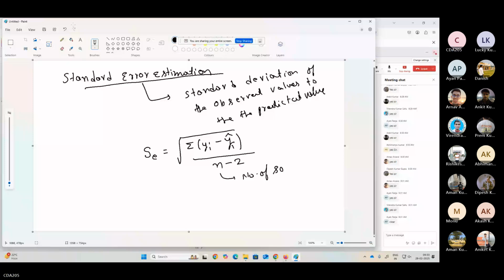Yi is the observed value, and yi cap is the predicted value. Are you clear with this formula? That is the standard error estimation. It tells the standard deviation of the observed value to the predicted value.